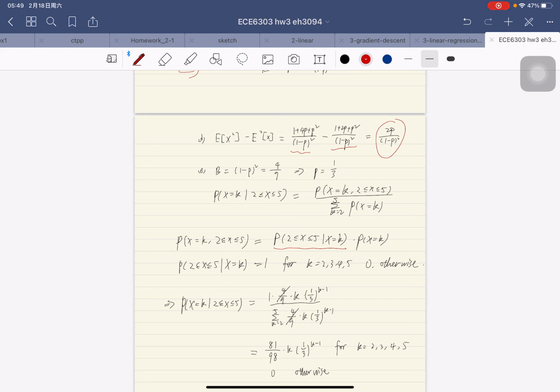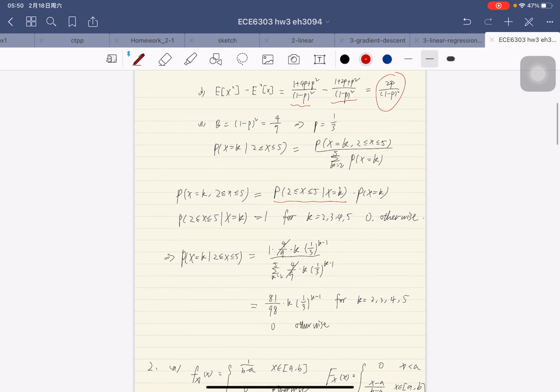So what about this one? P(2 < X < 5), given X equals k. Surely for k equals 2 to 5, the probability must be 1, and 0 otherwise. So we will divide it into two cases.